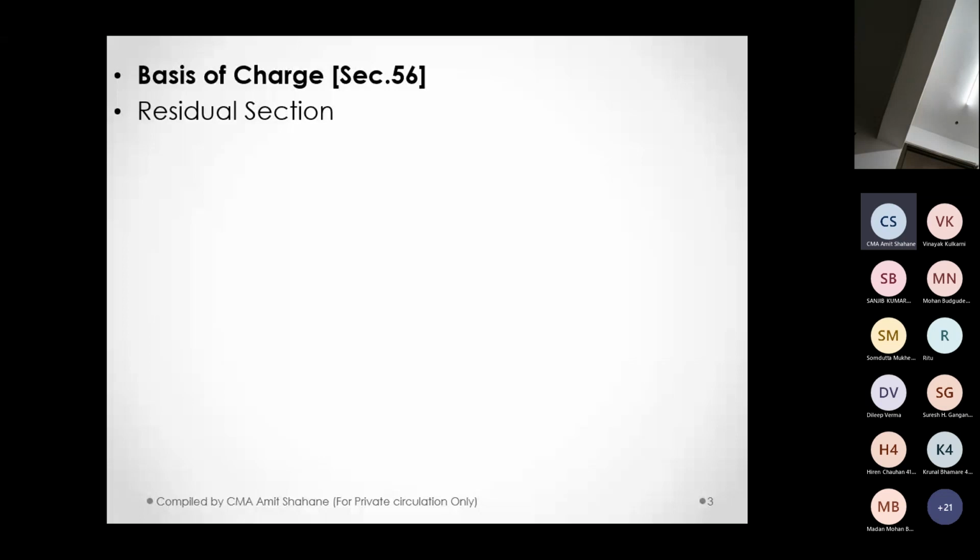Now this basis of charge plays a very important role in determining under which head of income a particular income is chargeable. Particularly for income from other sources, the prerequisite is that it has to be an income. Now what is income? Again, I'll not go into the basic details.